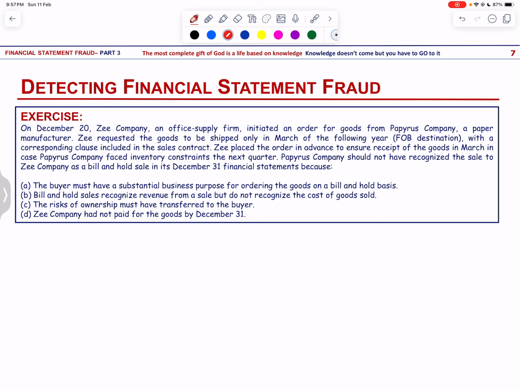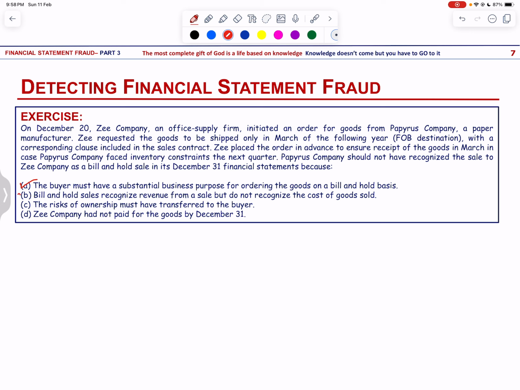Papyrus Company should not have recognized the sale to Z Company as a bill and hold sale in its December 31st financial statement because, number A, the buyer must have a substantial business purpose for ordering the goods on a bill and hold basis. So, option A is incorrect because the buyer indeed had a legitimate business reason for placing the order early, which does not invalidate the transaction.